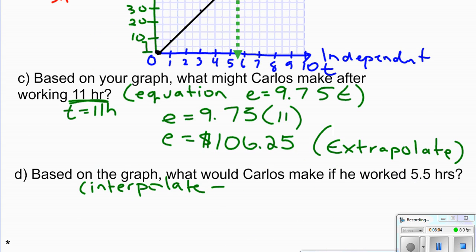But we're going to use our equation just to double check. So E equals 9.75 times T. So E equals 9.75 times 5.5, and I don't have that calculated, so I'm going to write that one down.